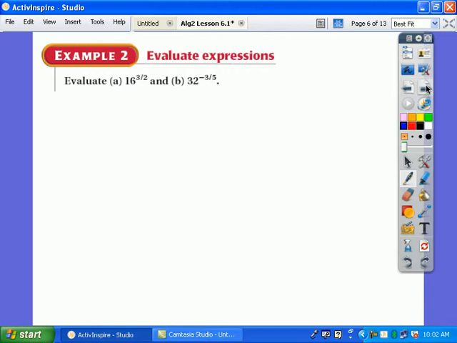So 16 to the 3/2 power, we can break this up into 16 to the 1/2 power, and then that cubed.